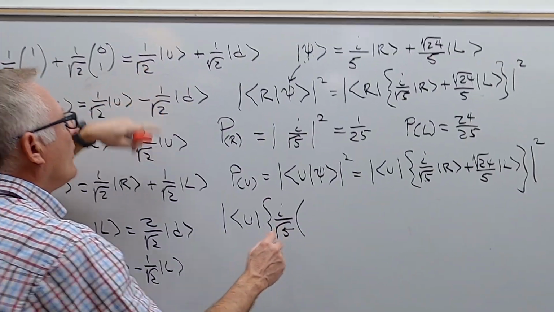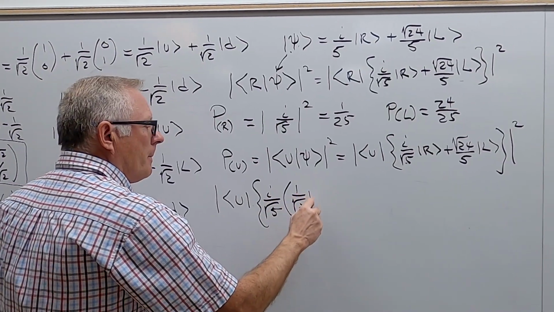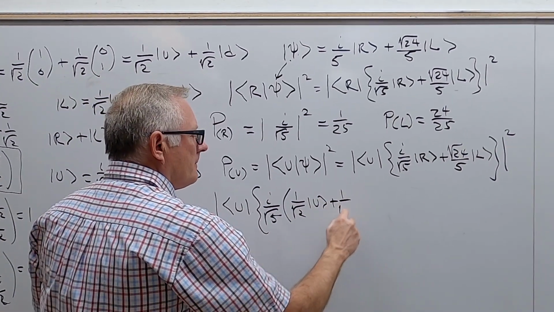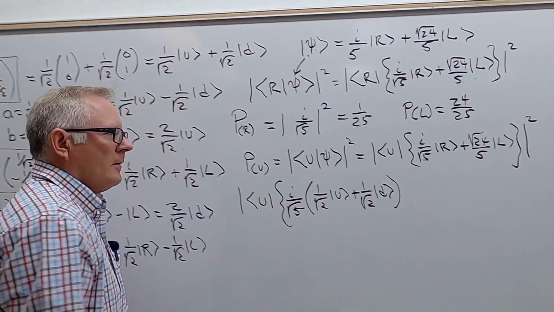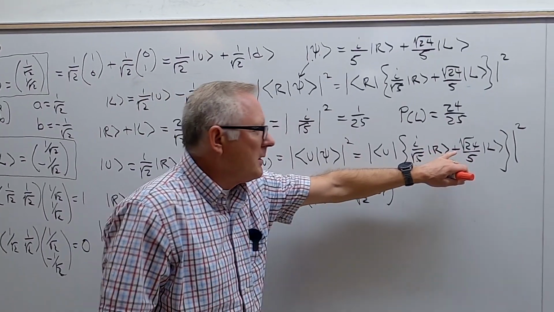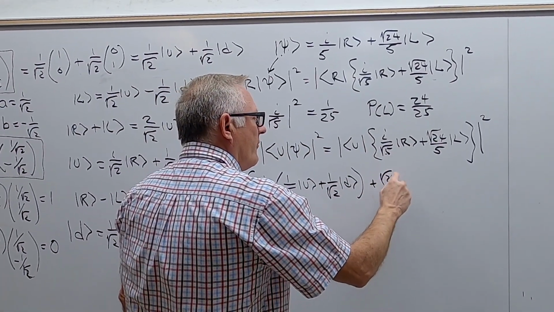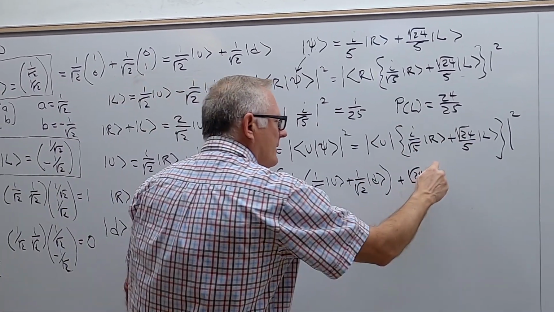So that's 1 over the square root of 2 up plus 1 over the square root of 2 down. Okay, so there's my plus the square root of 24 over 5 in place of my left.